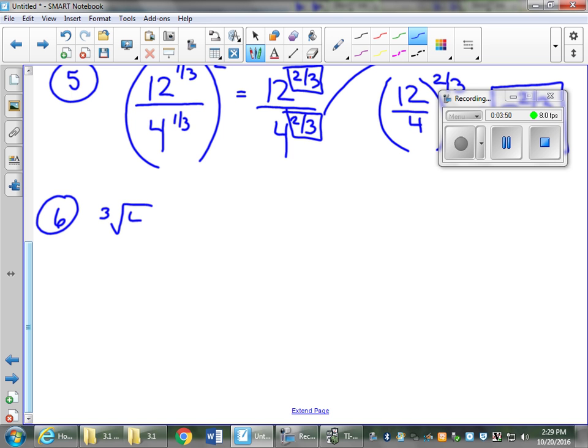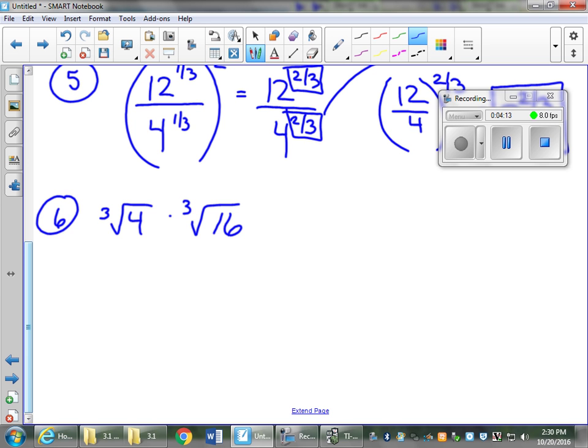Cube root of 4, so now we're in radical notation, times cube root of 16. For this type of problem, looking at our list of strategies, think about what I would want you to notice. And that would be that the roots are the same.